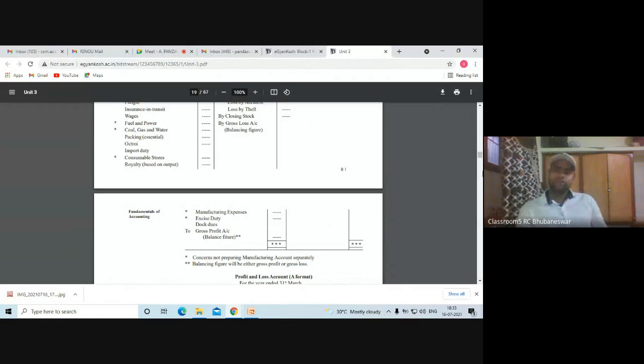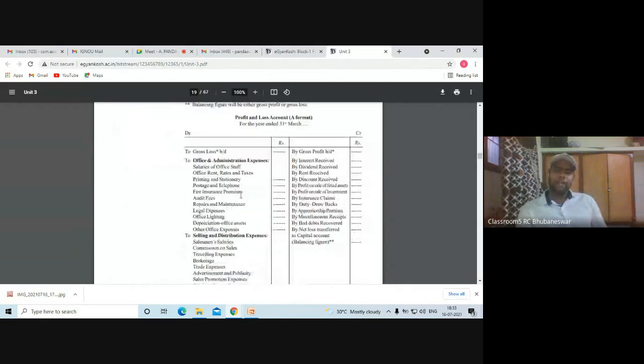the profit and loss account. All the indirect expenses and incomes will be written here, and the balance of the previous account, that is the trading account, will get transferred to this account, starting from that one. So to gross loss, if any loss is there, but if profit is there, by gross profit brought down.